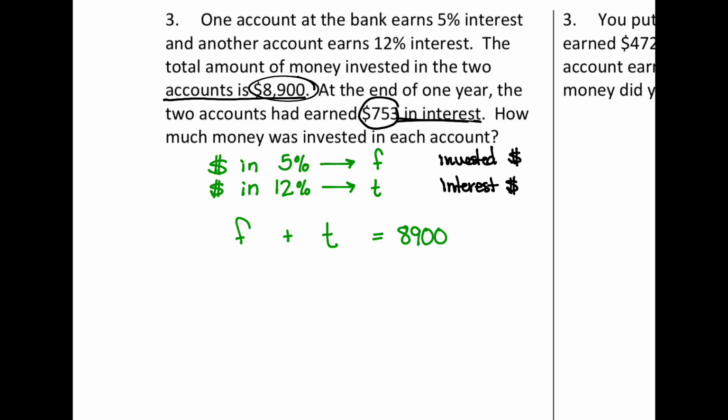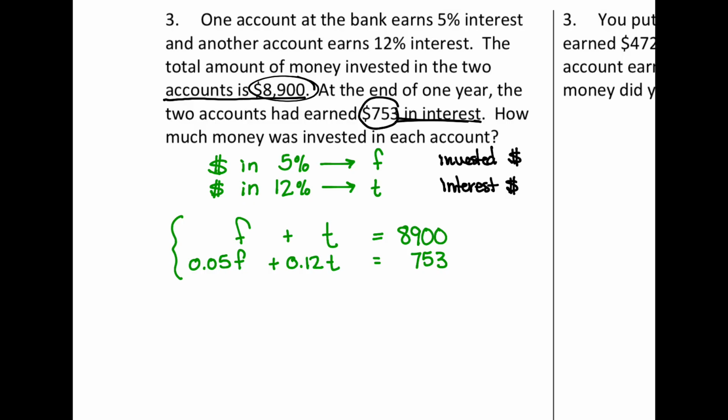So you're going to earn 5% of F, times, right? That's what of means. Add 12% in the T account, and you earn $753 in interest. Okay, so there is your system.